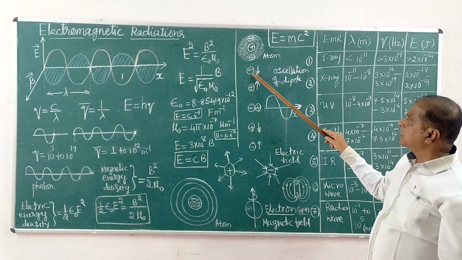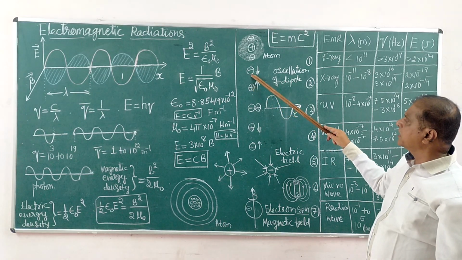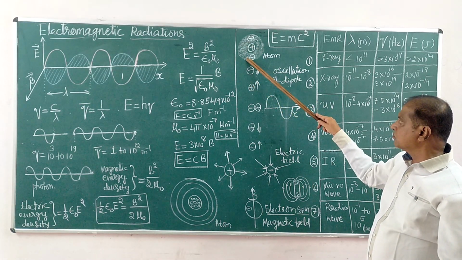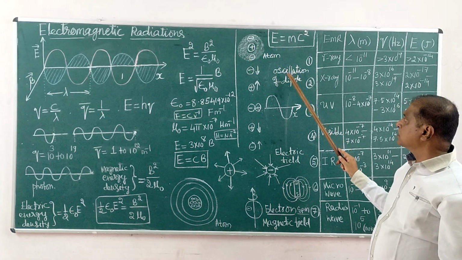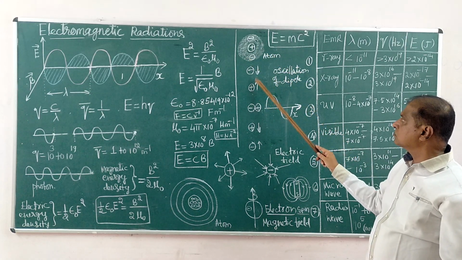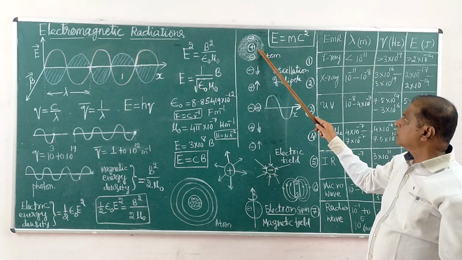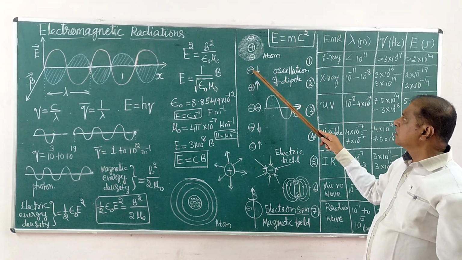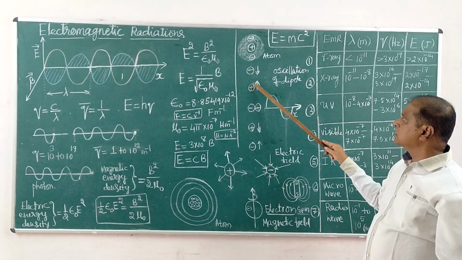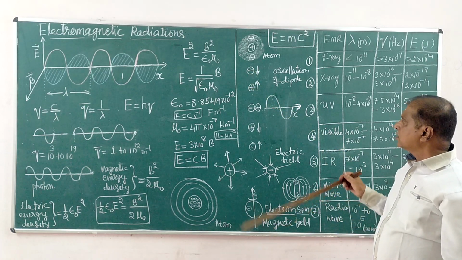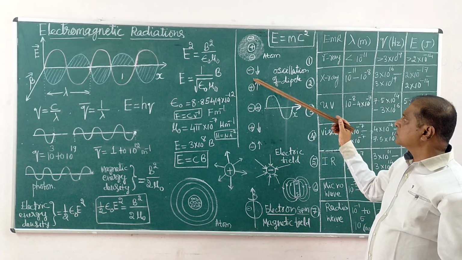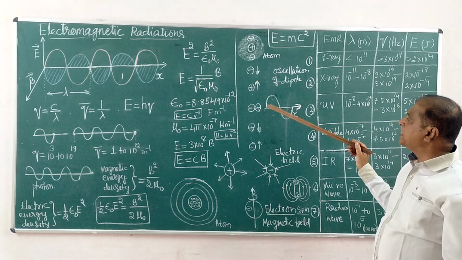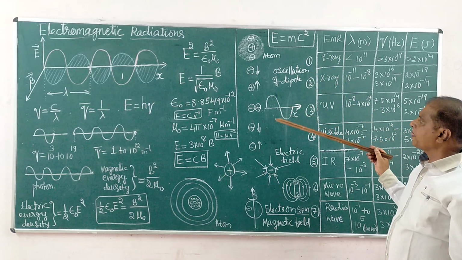Distortion in one direction, the positive and negative centers are getting distorted by the application of electric pulse on the material. That is called oscillation or dipole oscillation. The atom with distortion between the positive center and negative center gives an electric field strength.